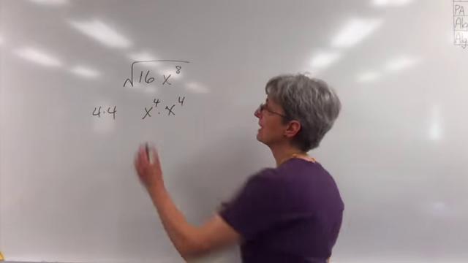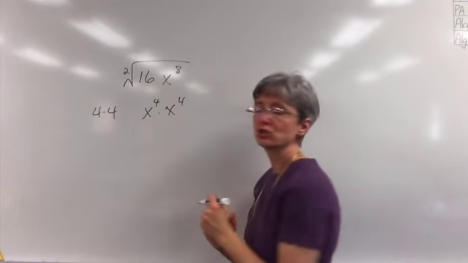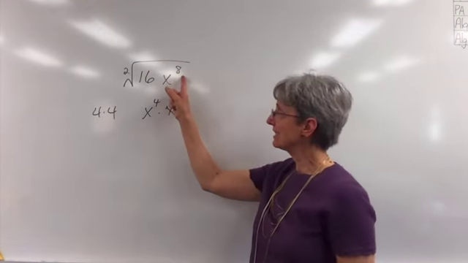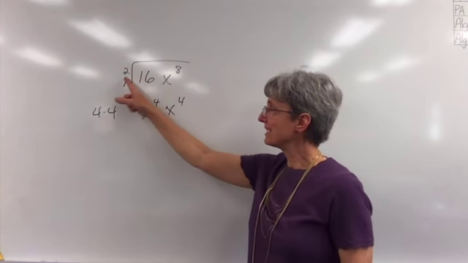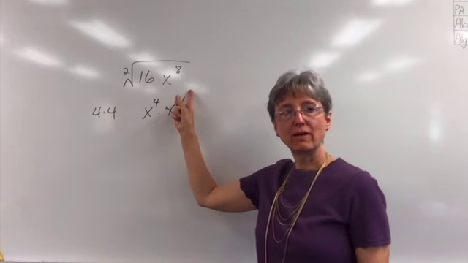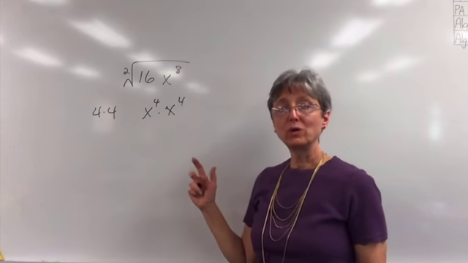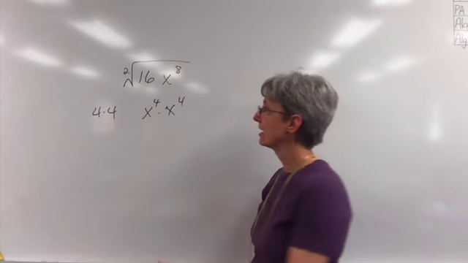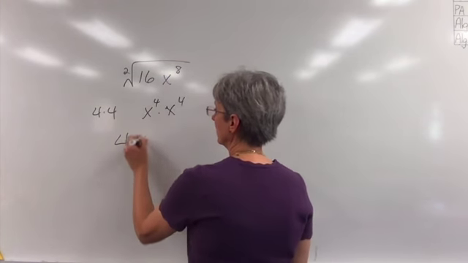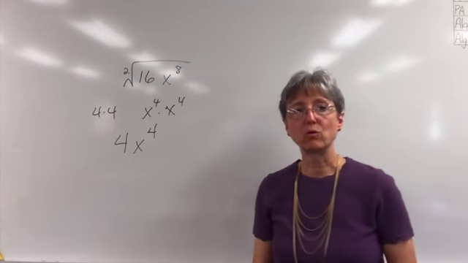I look at what my index is, and in a square root, it's 2. And I just take this power and divide it by 2. So 8 divided by 2 is 4. So I have two groups of 4 to make up this 8. So my answer is 4x to the 4th.